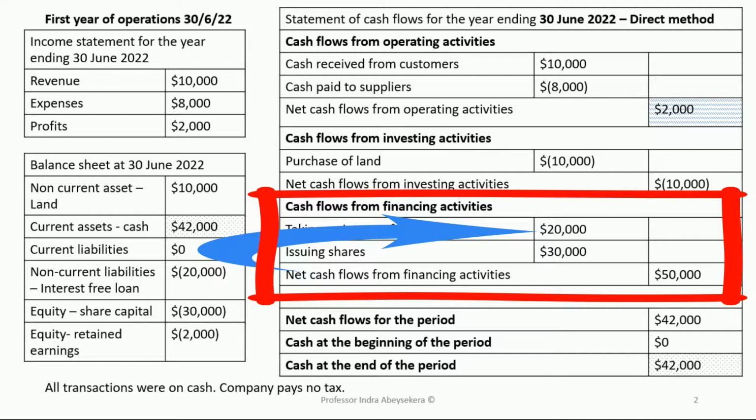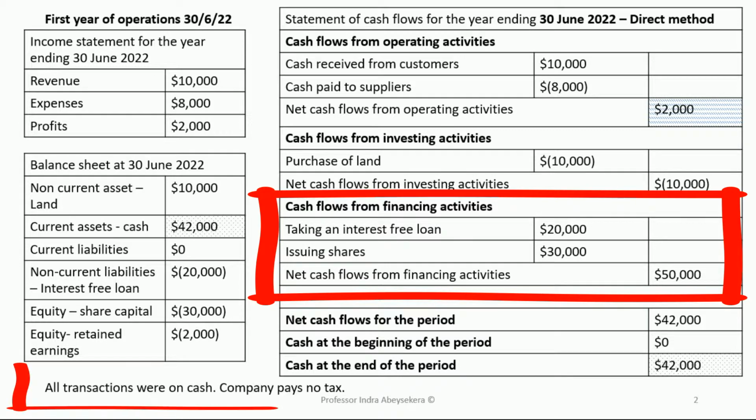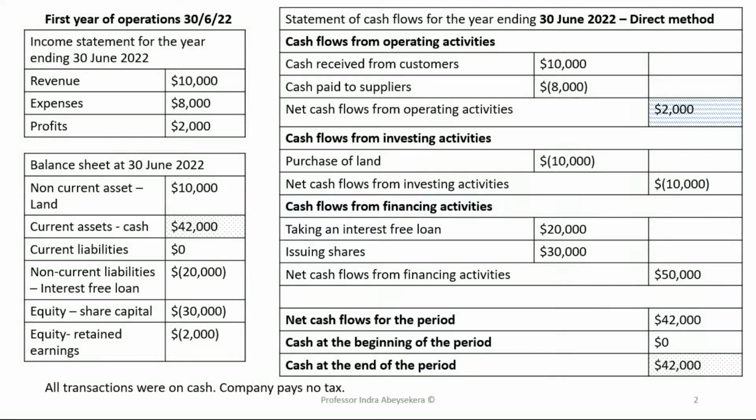And there has been a share issue of $30,000, which has brought in cash because we're told that all transactions were on cash as additional information. Net cash flows from financing activities, therefore, is 20,000 plus 30,000, 50,000.